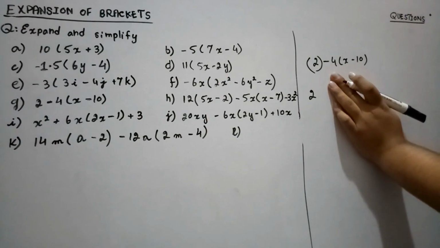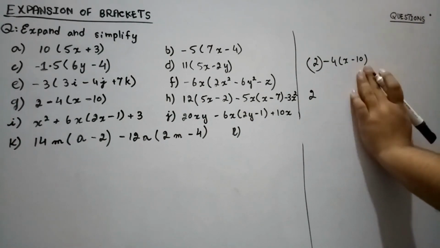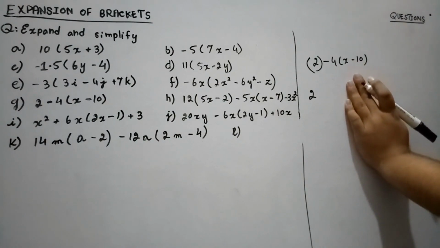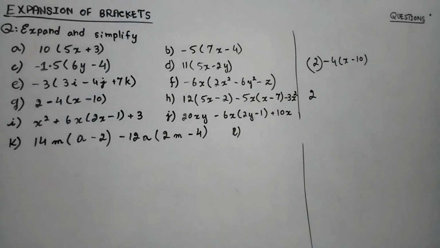We could consider that 4 is going to multiply by the bracket, not negative 4, but in this case our procedure will be somewhat different, so let me use that procedure.